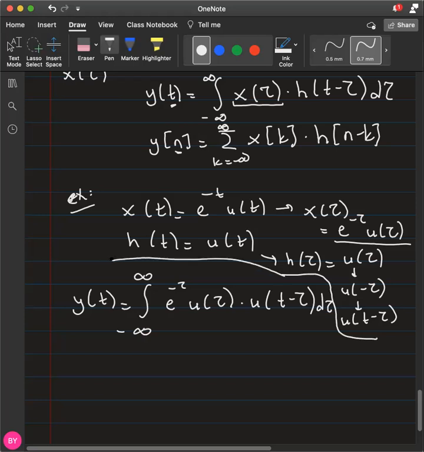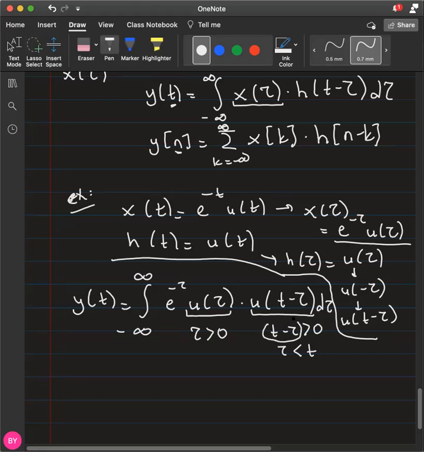So what should I do next? I will look at these two to determine the boundaries. From here, what should I say? Tau is greater than 0. How about this one? t minus tau is greater than 0. That means tau is less than t, okay?